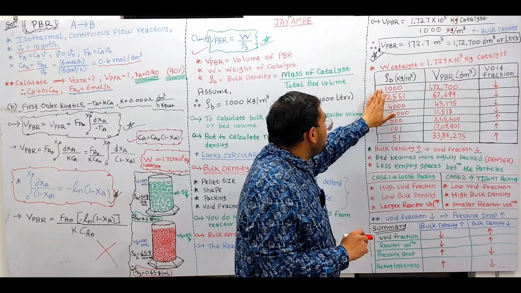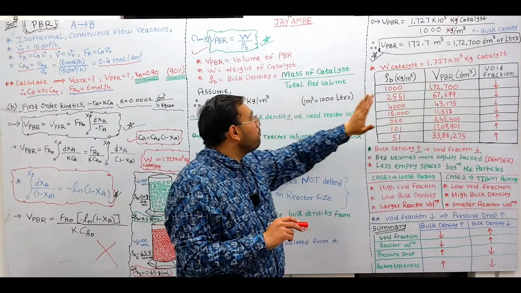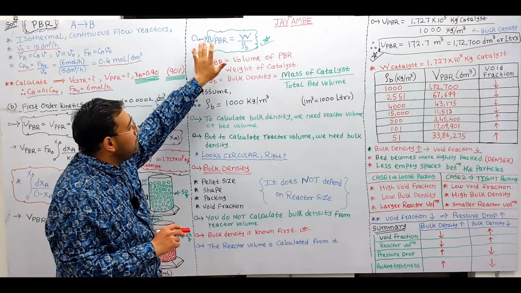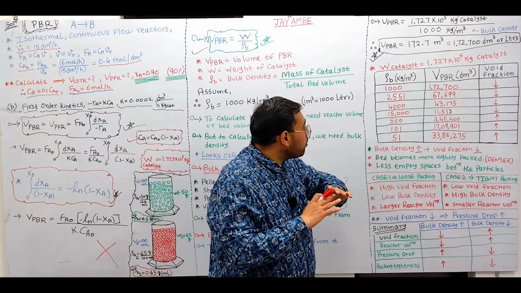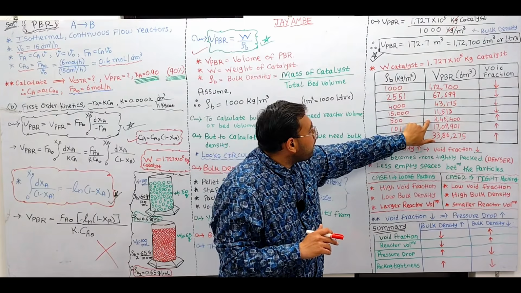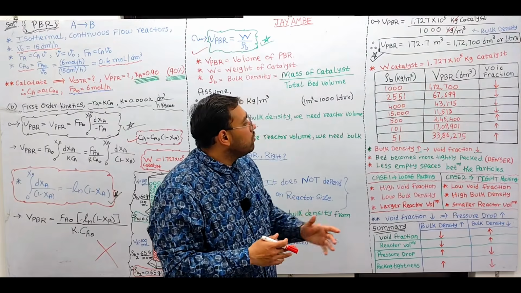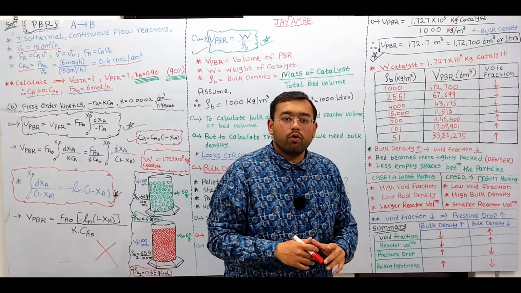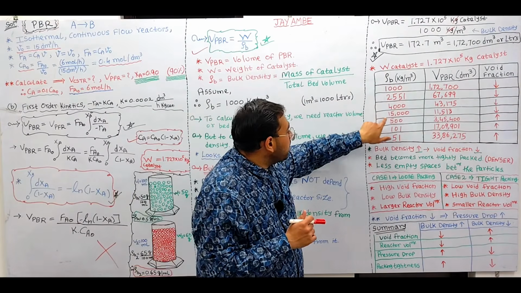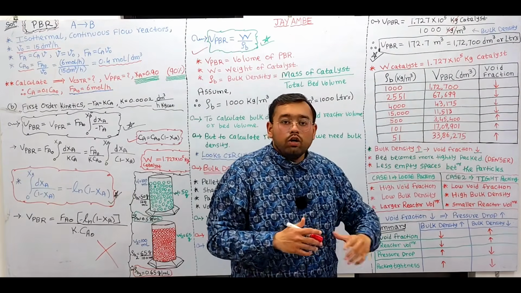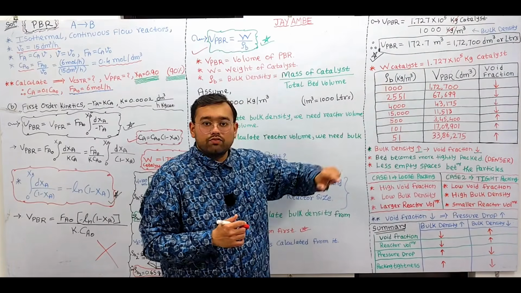Solving using the same equation, we can see a drastic increase in the volume of the packed bed reactor, from 1,72,700 to 3,45,400 cubic decimeter. By decreasing the bulk density from 1000 to 500, we require 2 times the volume of the packed bed reactor as compared to the first case.